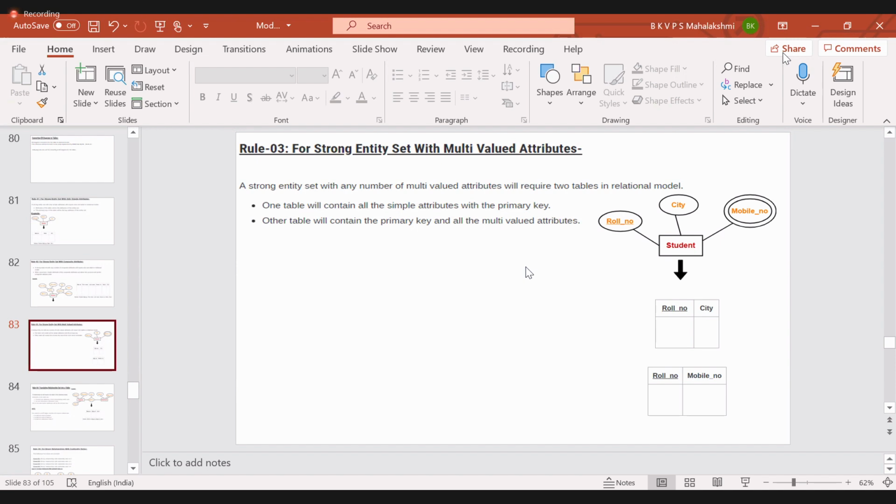Then you might have a doubt: ma'am, here there is only one entity with the name student, then how should we specify two tables with different names? For that, no need to worry. You can mention student one with roll number and city, and student two with roll number and mobile number.